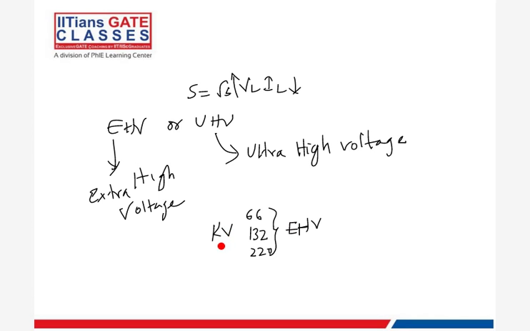Then we have 400 kV as EHV, and 765 kV and above is considered as UHV, right?